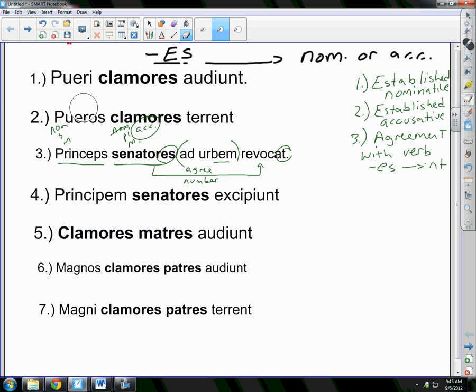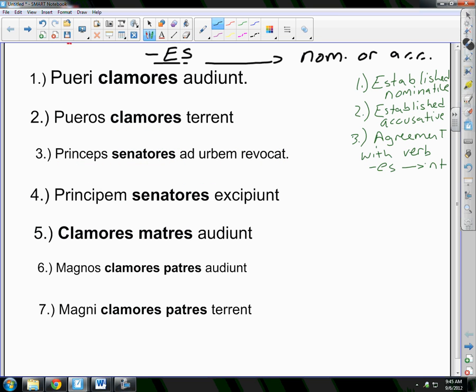All right, looking at number 4. I have principium. That's accusative. There's no conjunction here. This is es. I have to decide, is it nominative or accusative? I've established that this is accusative, singular, and masculine.